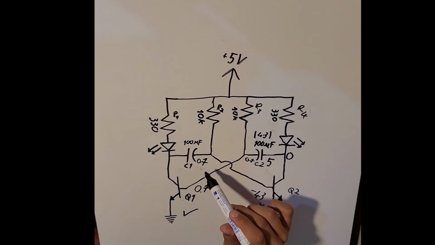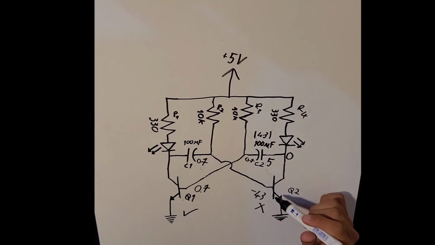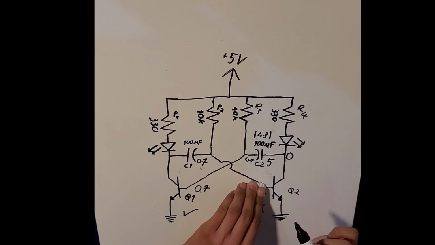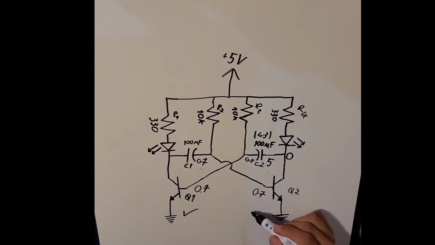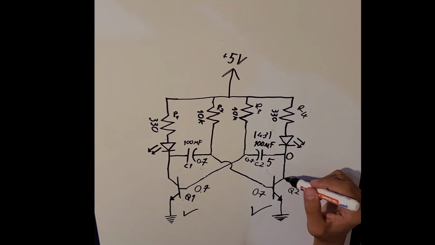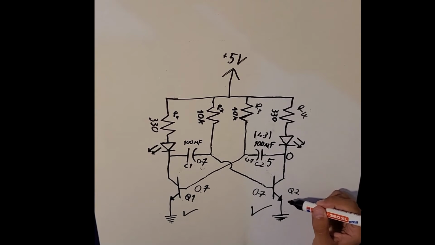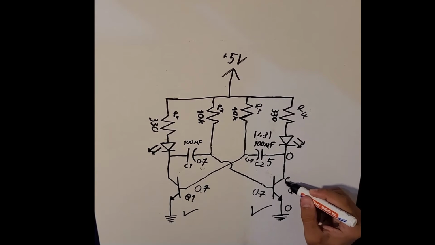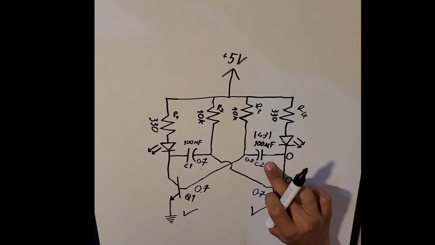This side has reached 0.7 volts and this is the same line with here, so we will have 0.7 volts here. So when this is 0.7 volts, Q2 will turn on. And this line will be directly connected to ground, which means we will have 0 volts here, 0 volts here, 0 volts here, and 0 volts here.